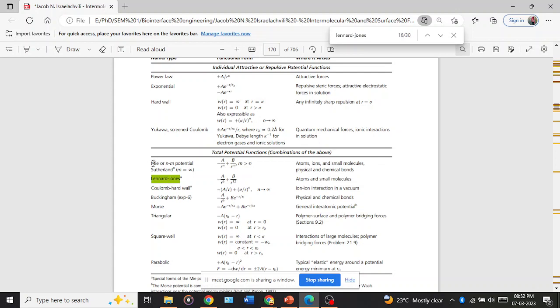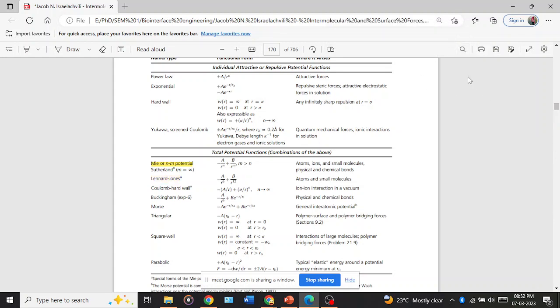So here you can see Mie is also regarded as the n-m potential. I already discussed the equation for it: minus A by r power n plus B by r power m. And Lennard-Jones is quite different from the Mie potential. It is minus A by r power 6 plus B by r power 12. So it is a revised version of Mie given by Lennard-Jones.